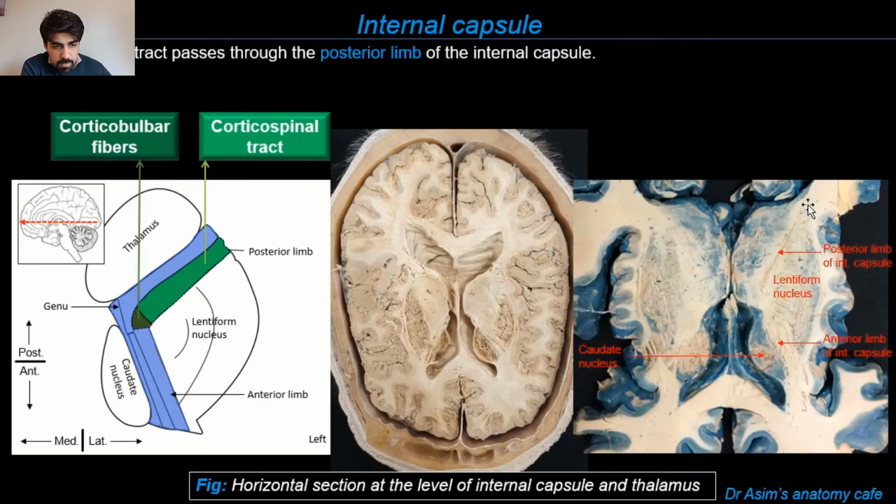And you can see the white matter tract fibers which belong to the internal capsule over here. The lentiform nucleus is once again the lateral relation of the internal capsule. This is the posterior limb, and the corticospinal tract fibers, after they pass through the corona radiata, are going to descend down in between the thalamus and the basal nuclei through the posterior limb of the internal capsule before they enter into the brainstem.